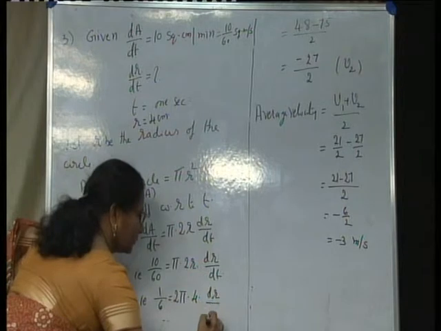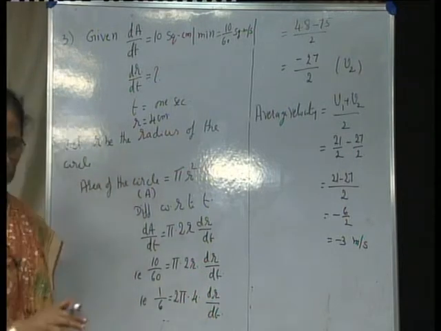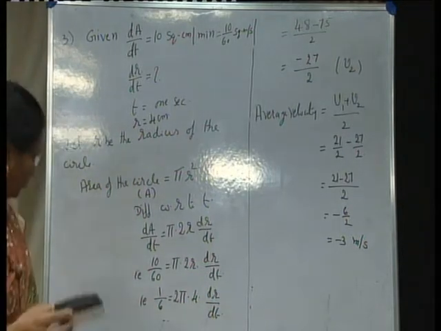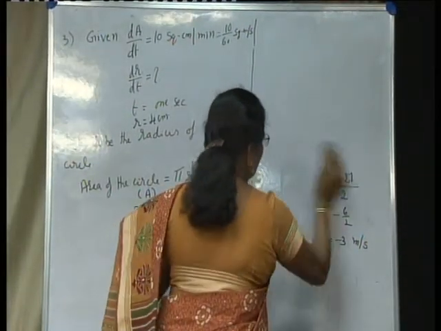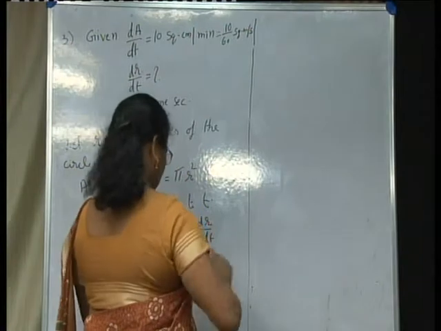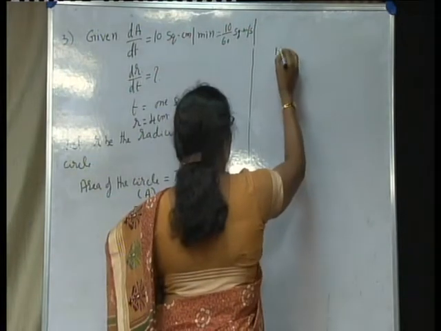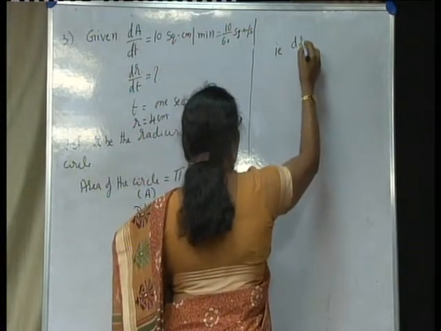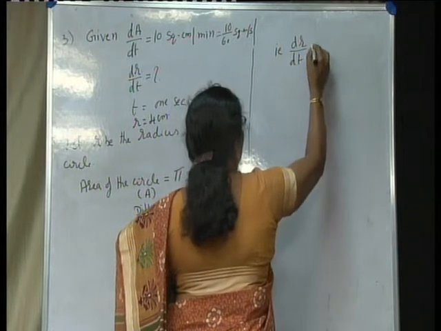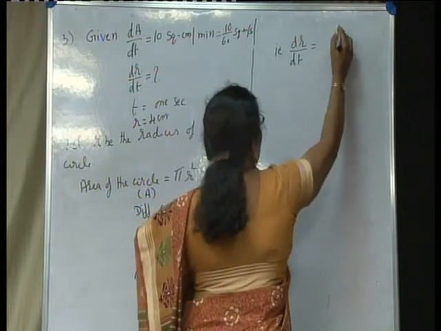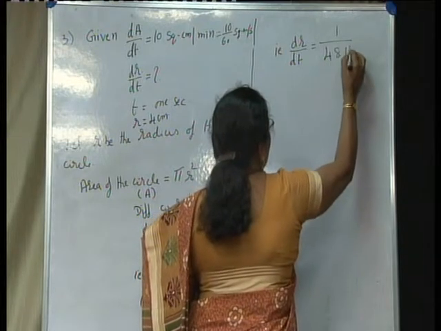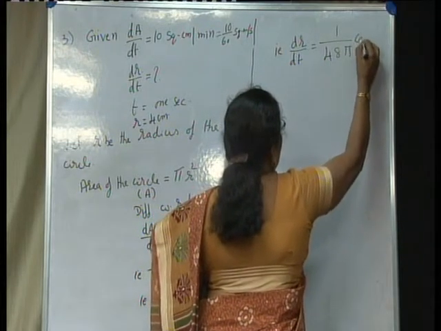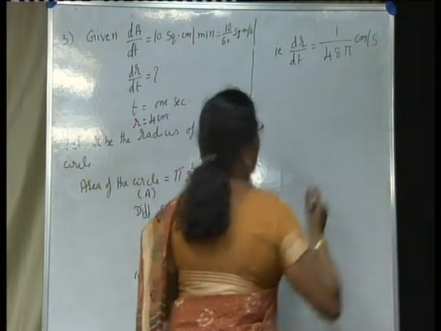So, dr by dt is equal to 1 over 48 pi centimeter per second.